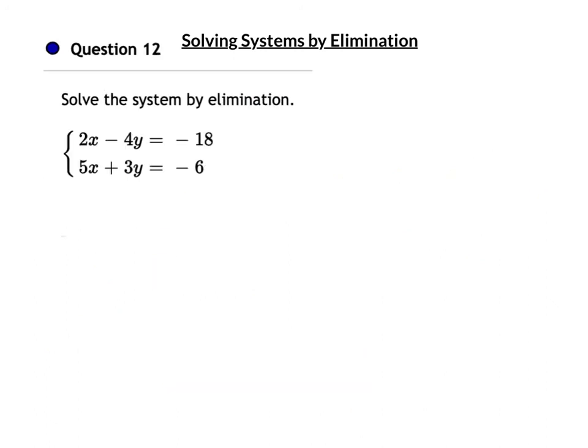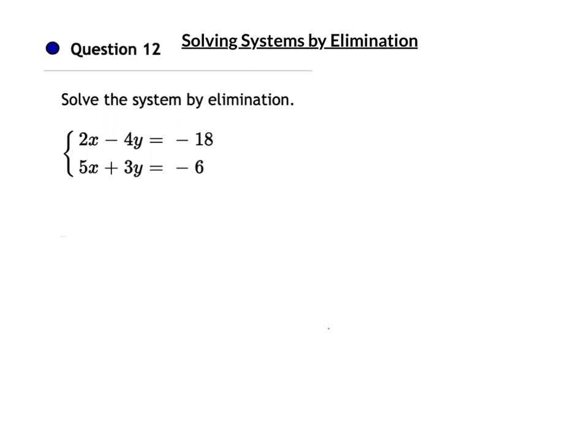Question 12 is a normal one. It has just one answer. It's another one where we have to multiply both equations. The smallest number that 2 and 5 divide into is 10. The smallest number that 4 and 3 divide into is 12. I've been doing x's all the time. I'm going to do y's for variety.